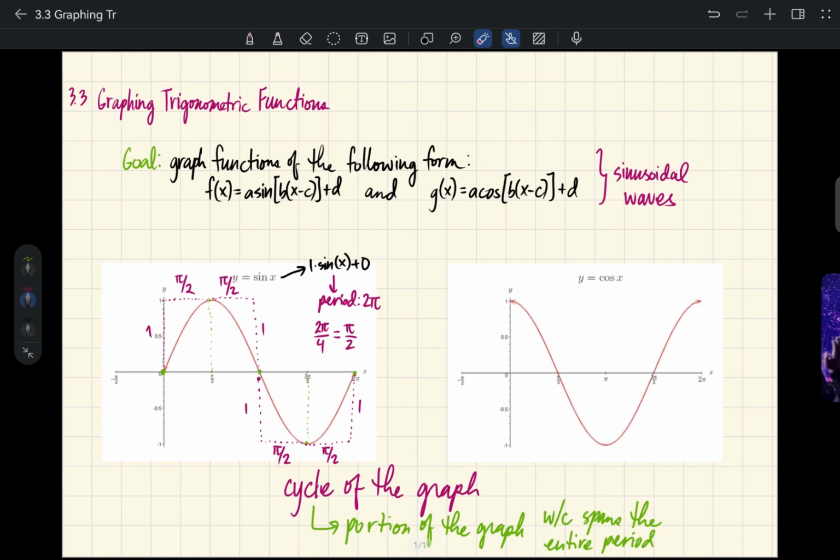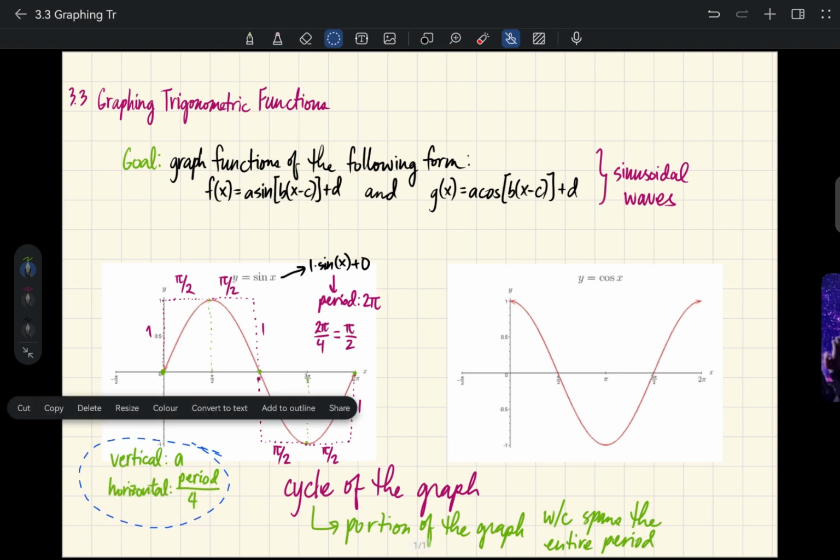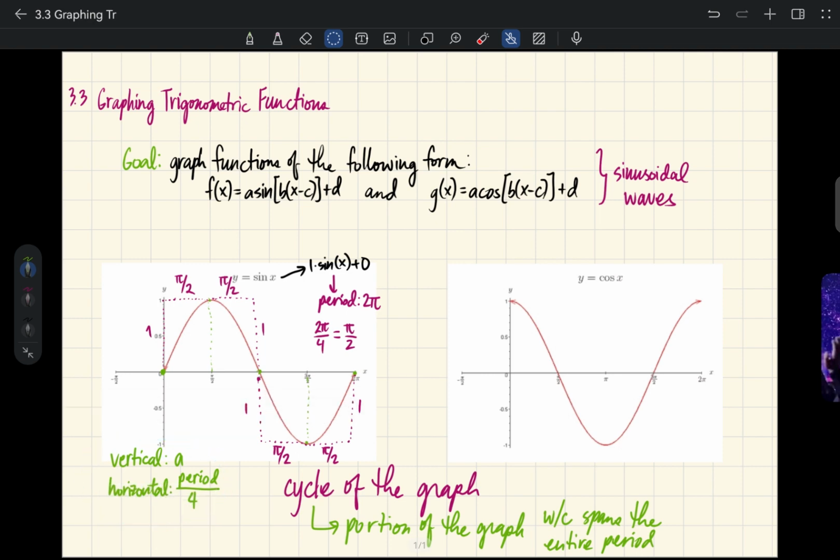So the vertical movement would be a, which is this one right here, and the horizontal movement would just be the period divided by 4. And this would just be the same for your cosine function.